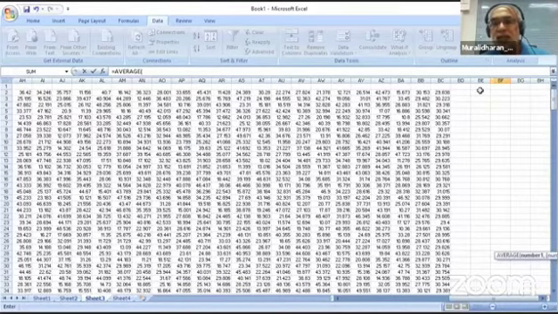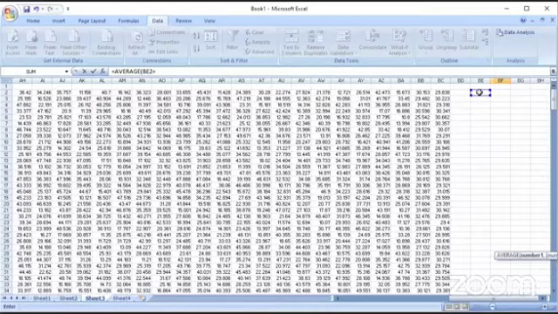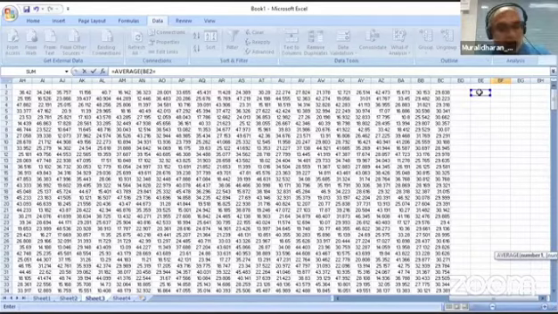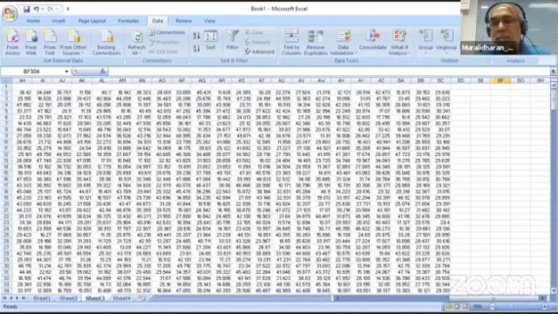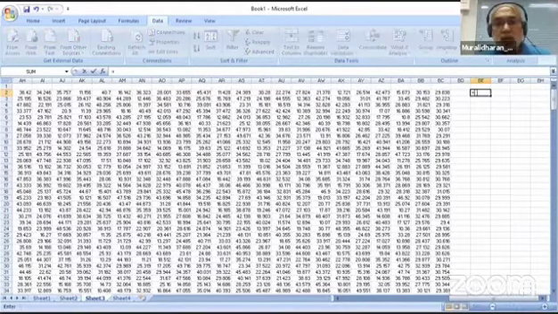That mean, and then the mean I pasted there. Okay, so average of the whole sample.